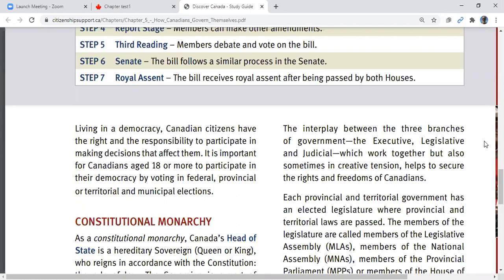So that's why our system does that, because if one group has all the power, then it won't work. So the three branches, three parts of the government, the executive, the legislative, and the judicial, they each have some of the power, and together they have to work together to do what's right for Canadians.